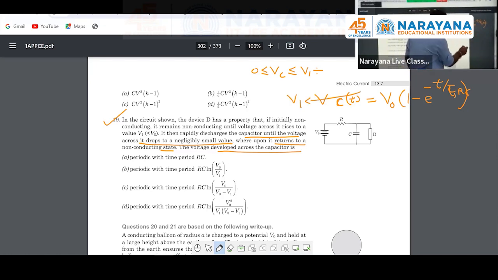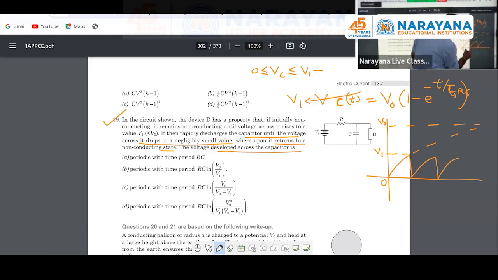If I just try to draw the graph, from 0 it was trying to go towards this value, V0, but exactly when it acquires a V1 value, then it suddenly discharges. And then this kind of pattern is being followed. This time gap is low. So this is the periodicity we are talking about. So I think if you find out this T here, you should get, and when you solve it, it comes out to be C.